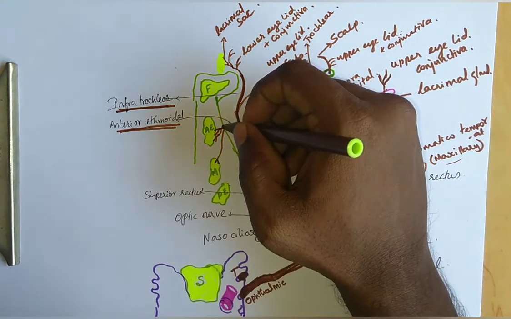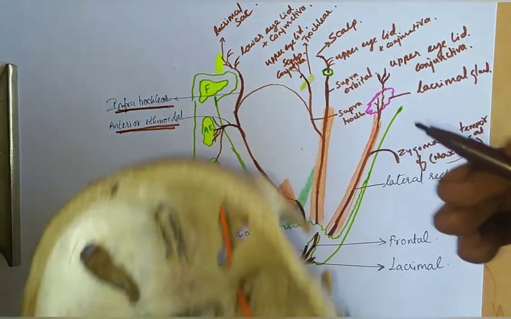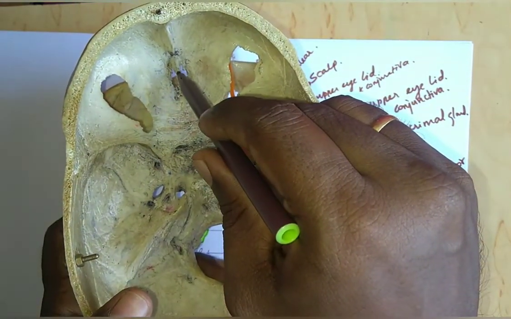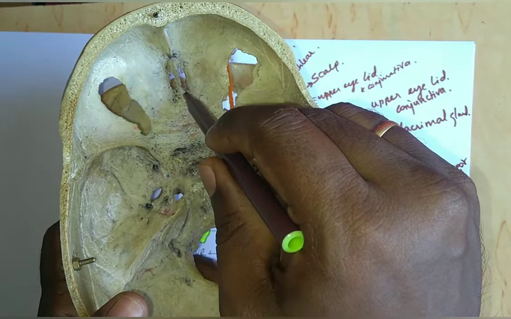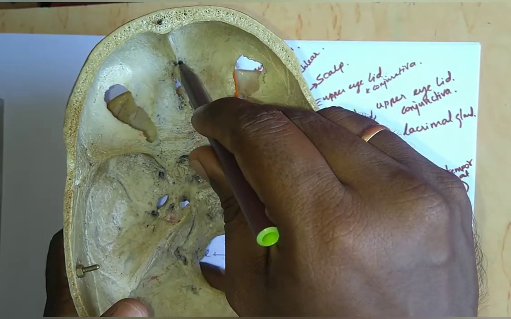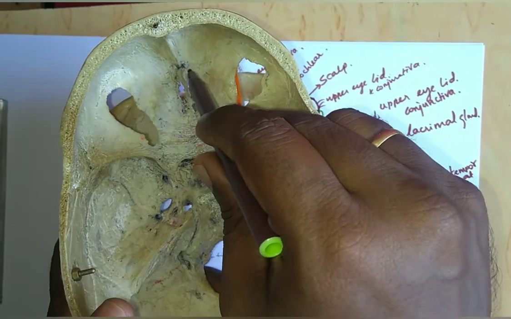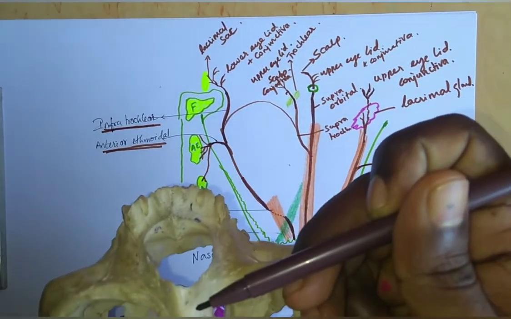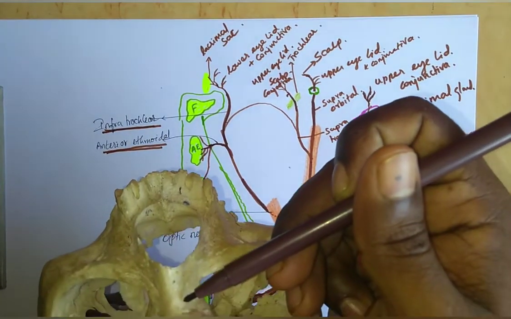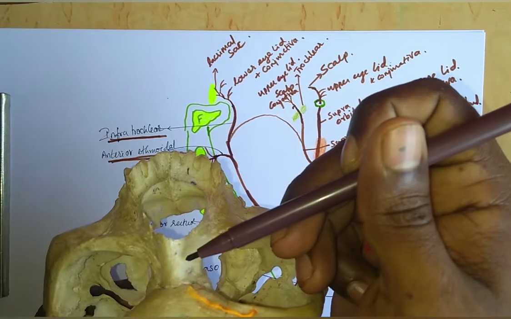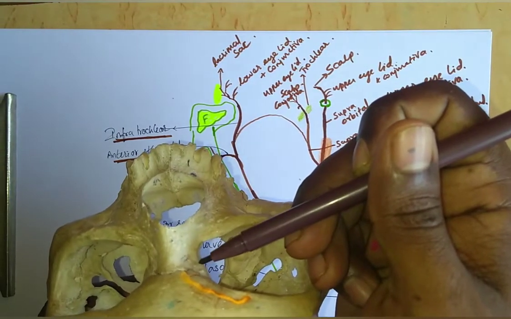Then it ascends anteriorly and is found in relation to the crista galli, along the cribriform plate of the ethmoid. There is a small opening in front of the crista galli, and it passes through that to enter the nasal cavity. Once it reaches the nasal cavity, it supplies the upper part of the nasal septum and also the lateral wall of the nose.